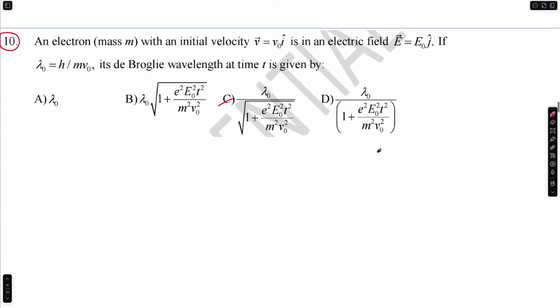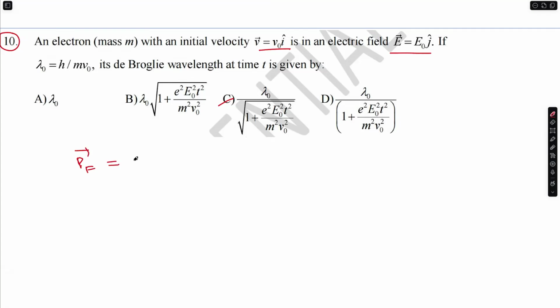Now onwards, I'll gradually lose options, so I need to be more and more careful. An electron of mass m with an initial velocity v naught in an electric field E naught. So what is the final momentum?